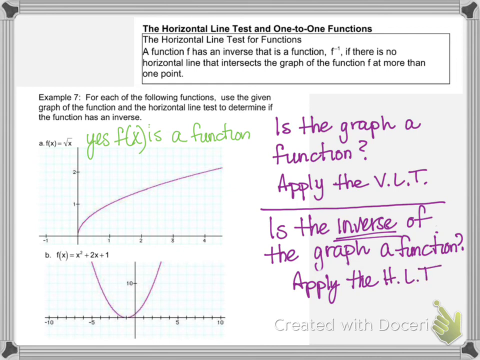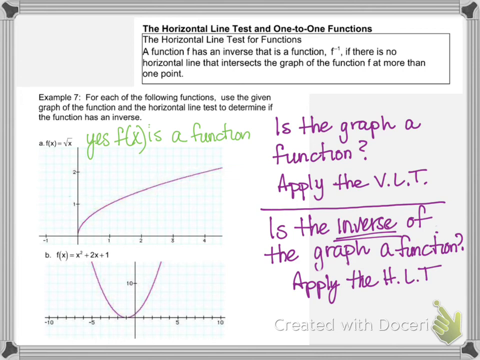So let's look at these examples on the left. We know it passed the vertical line test, so it is a function. But now I want to determine, is the inverse a function? So I'm going to draw horizontal lines this time. Touched once, once, once, once. Notice every single time this horizontal line touched that graph once. So what does that mean for us?